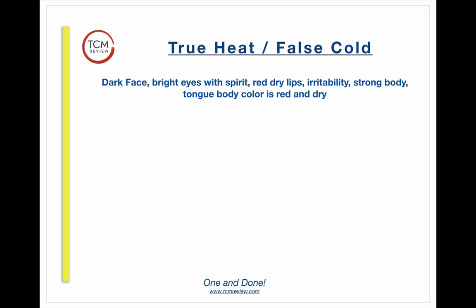The tongue body color is red and dry. Remember I said, look at the tongue and look what's happening on the tongue. That will tell you what's really happening in the case. The breathing is noisy. The voice is loud. That tells us that there's excess. Not necessarily heat, but we know that there's excess.